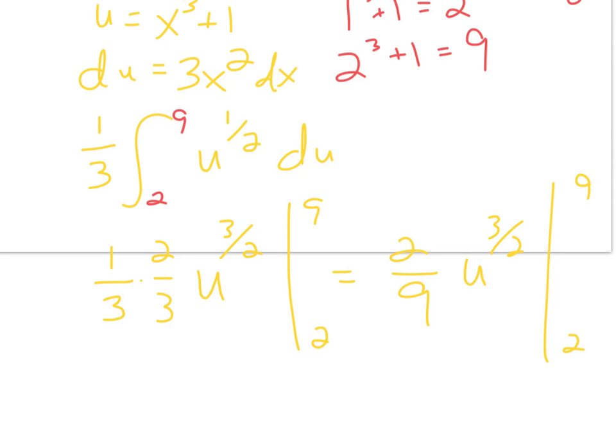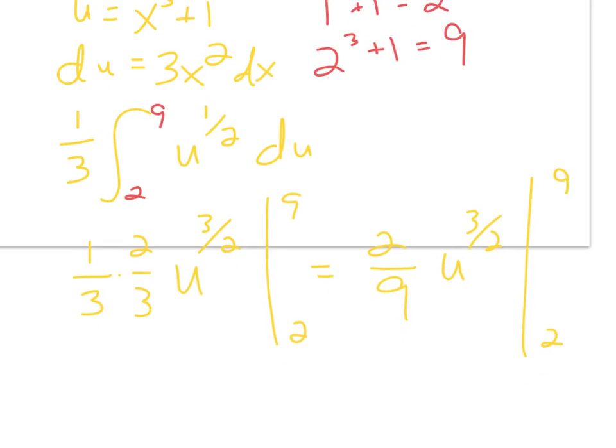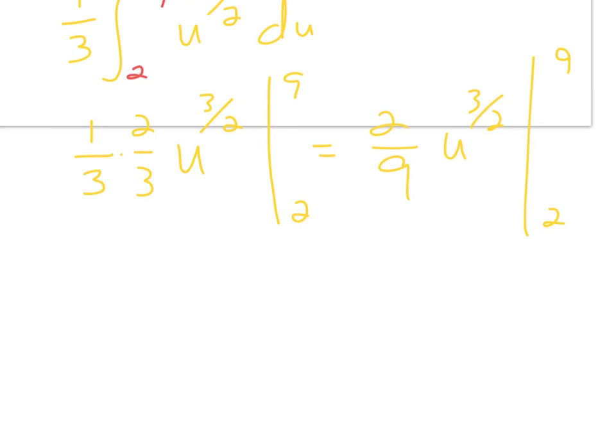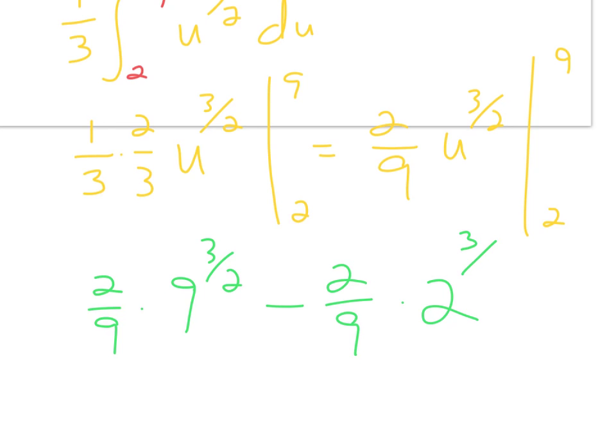So in order to simplify that out, we are going to substitute in a 9 into the function. That's 2/9, and then 9 to the 3/2 power, and then we're going to subtract 2/9 times 2 to the 3/2 power.